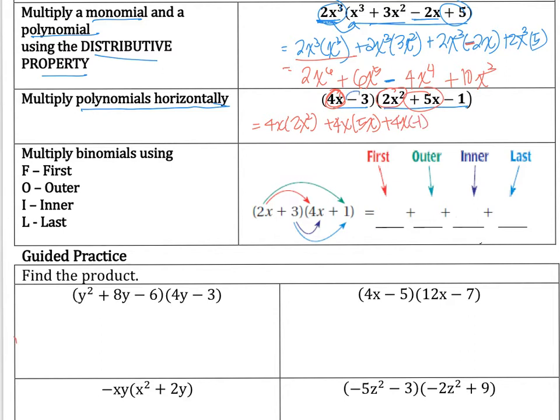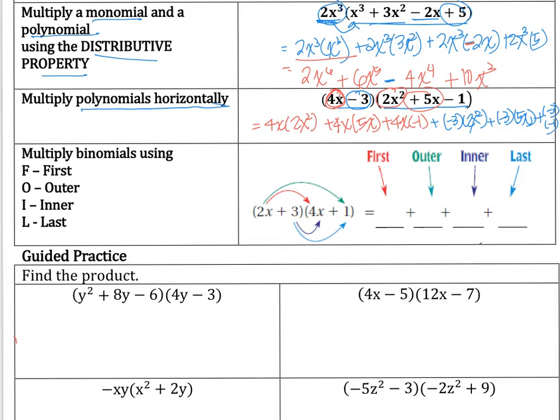Now we're going to take the second term and distribute it as well. So negative 3 times 2x squared, and negative 3 times 5x, and one more, negative 3 times negative 1.